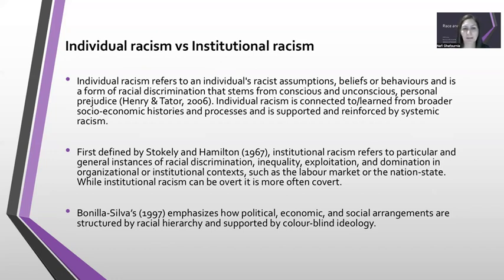As I mentioned before, institutional racism can be, for example, denial of access to or exclusion from the education system, political representation, or work and the workplace. It can be overt, but most of the time it is covert and very subtle, so unpacking structural racism is a bit challenging.